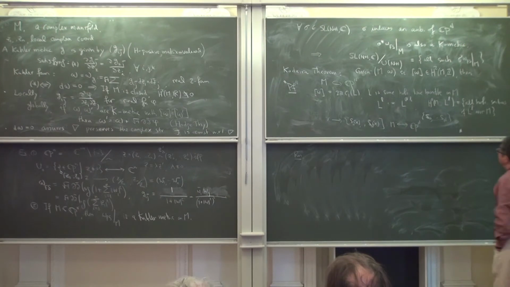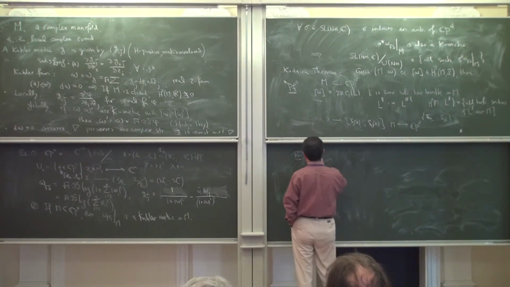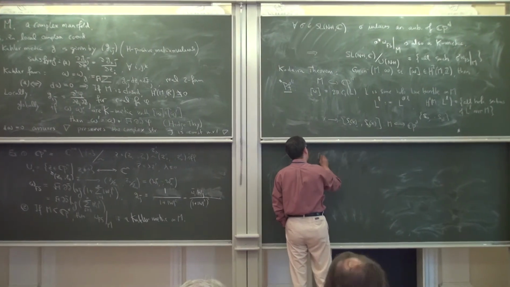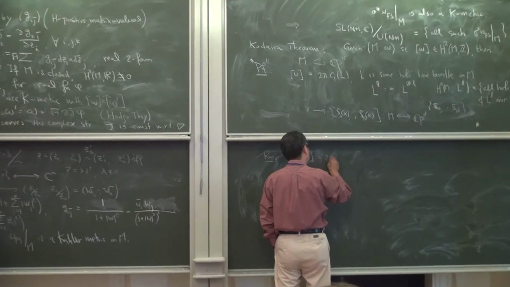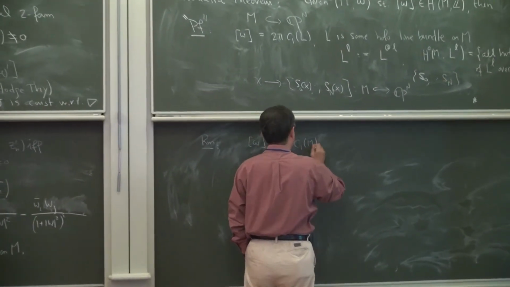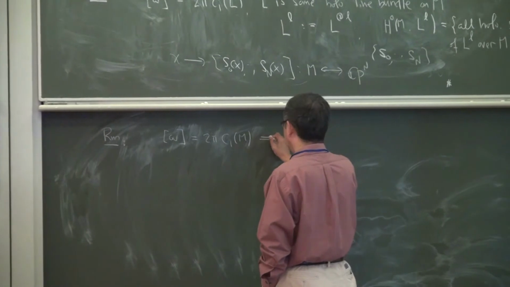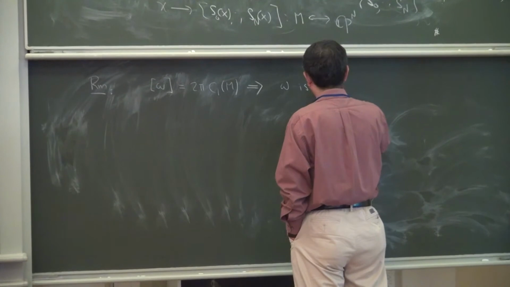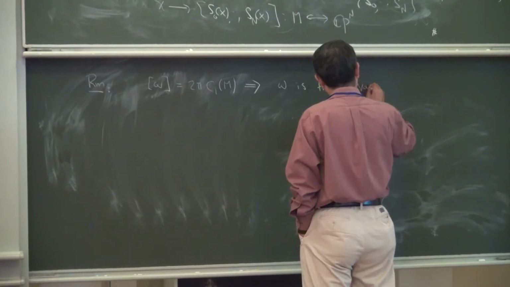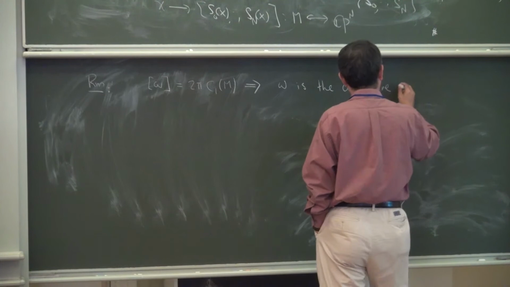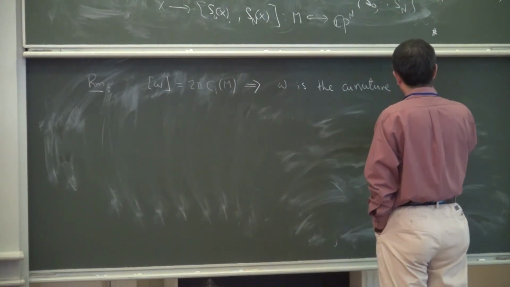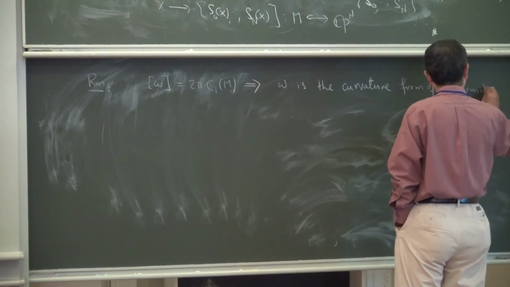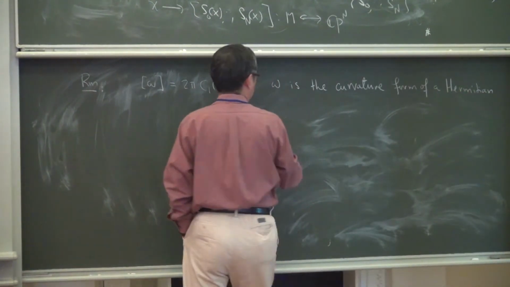So given a metric, this condition says this omega is a curvature form of a Hermitian line bundle, a Hermitian metric, sorry, on L.